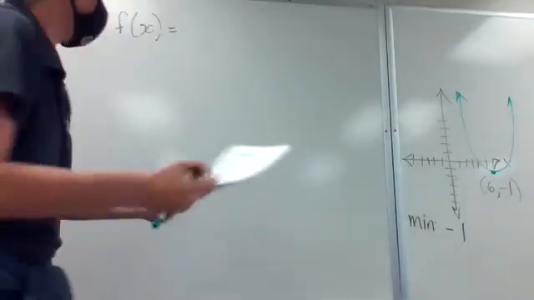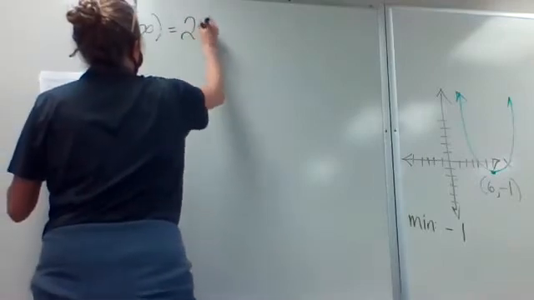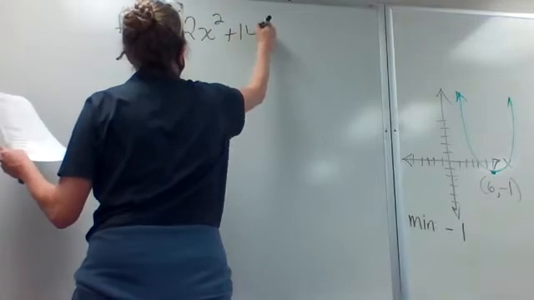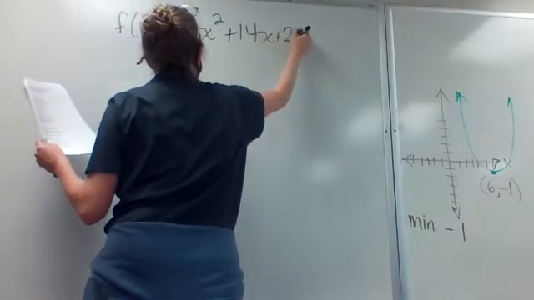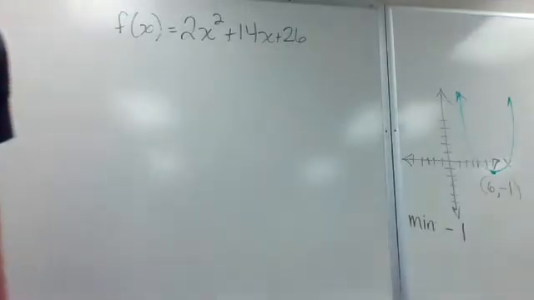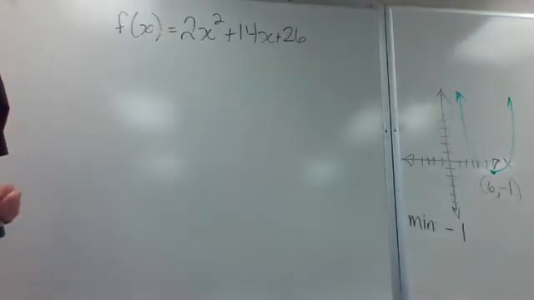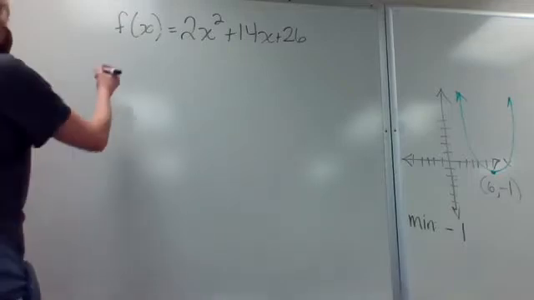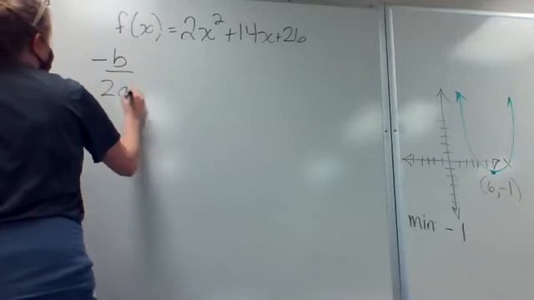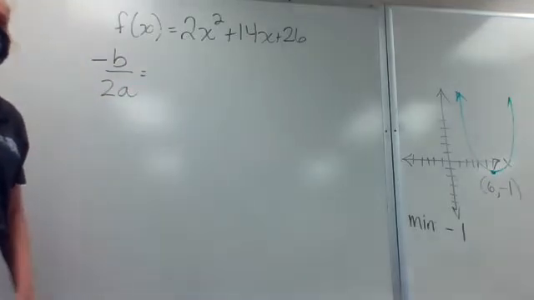Same thing. Here's my function, 2x squared plus 14x plus 26. First thing it's going to ask me is to find the vertex. Opposite of b over 2a.